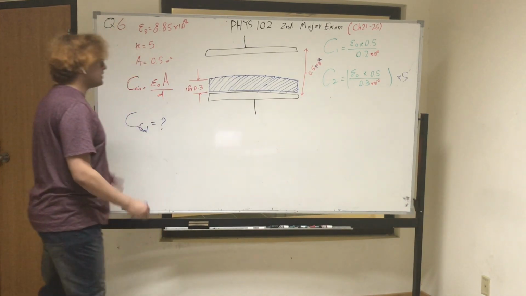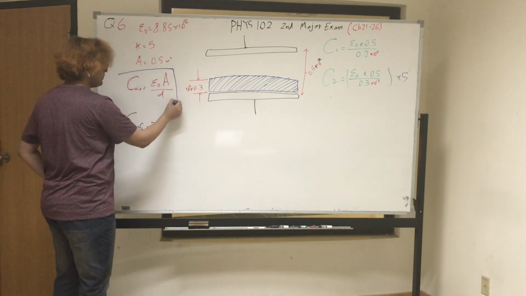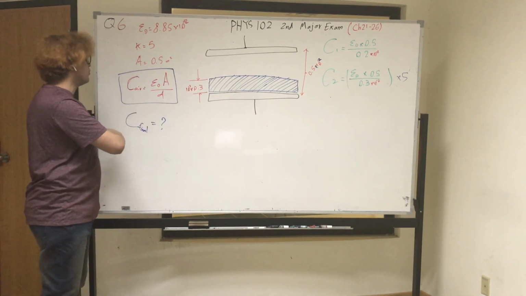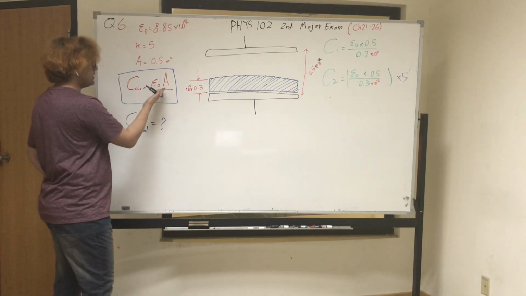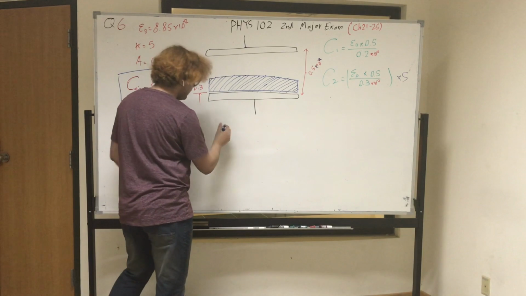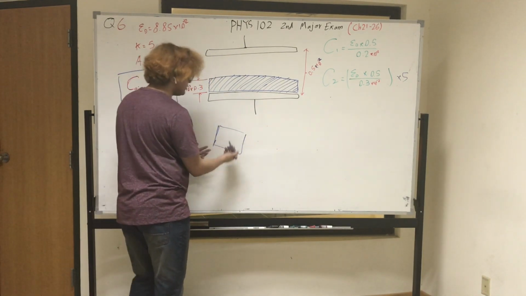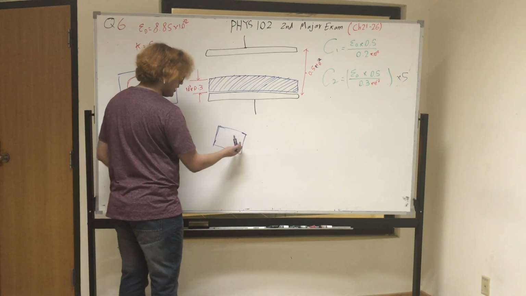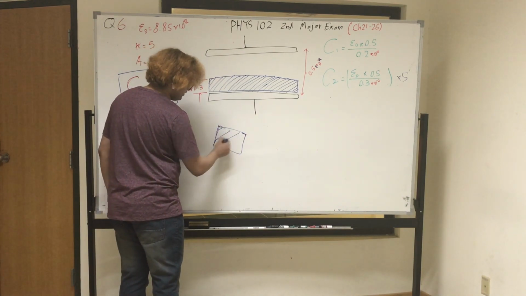Okay, first thing first. First we need to know that the capacitance of any capacitor in the world can be calculated by multiplying epsilon naught times the area of the plate, okay? So if you have this sort of square plate, the area is basically this here.